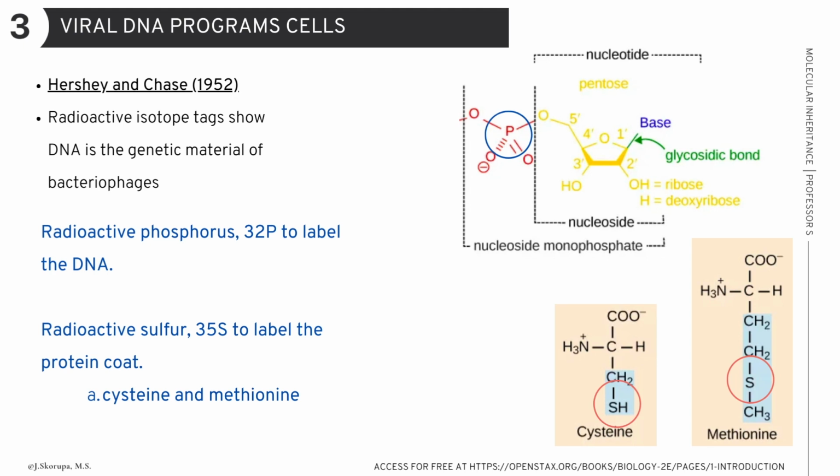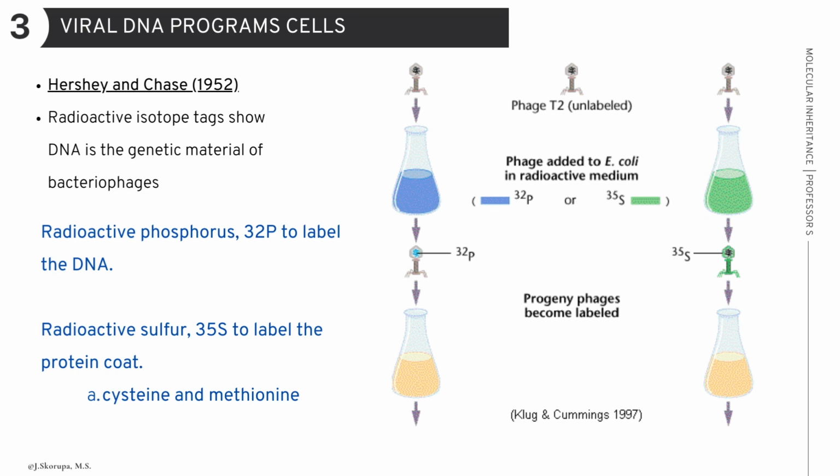So, Hershey and Chase used these radioactive phosphorus and sulfur isotopes to track which of the components of the virus, DNA or protein, was moving from the virus into the bacteria to infect it. Here's the experiment. On the left in blue, Hershey and Chase added the T2 phages into growth medium containing radioactive phosphorus.